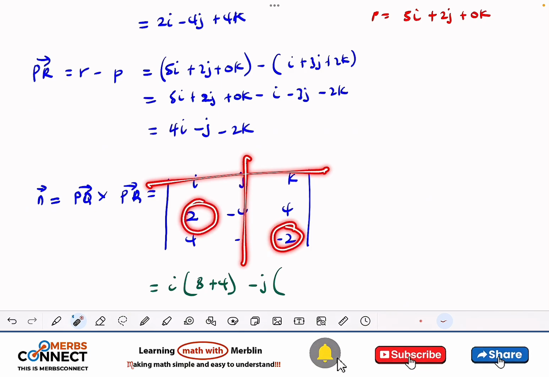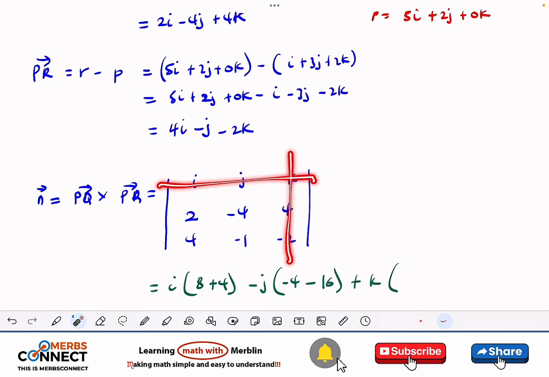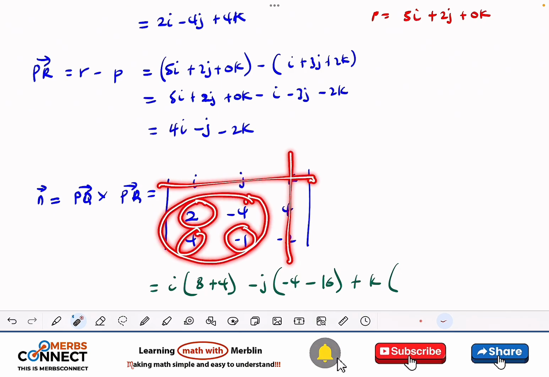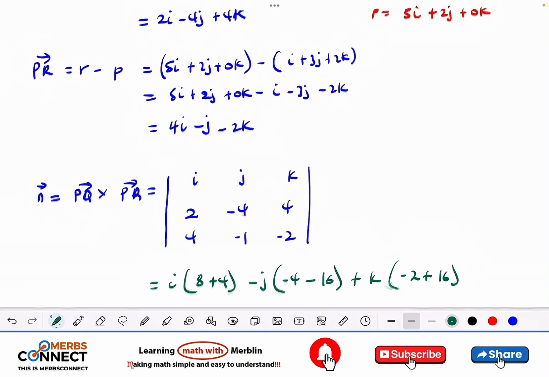So this times this will be minus 4 minus 16. Plus k, cancel this guy and this guy out. It will be left with this, find the determinant: minus 1 times 2, this times that. So you are going to have minus 2 plus 16.